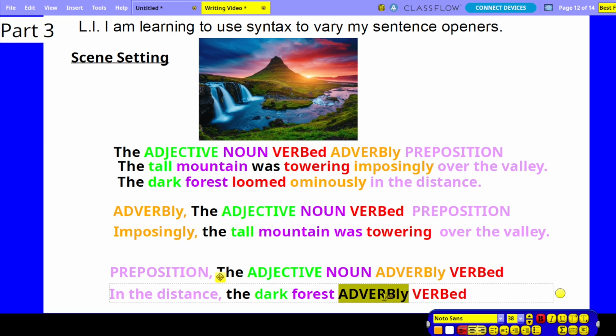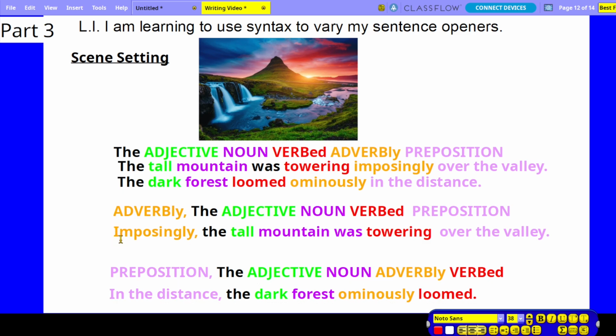I'm now doing adverb verb. So I can change the order of them. You can verb adverbly or you can adverbly verb. So ominously loomed or loomed ominously. We're going adverb first. Ominously loomed. And again, this sentence makes sense. In the distance, the dark forest ominously loomed. Full stop.